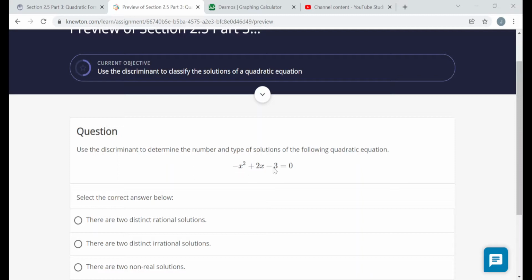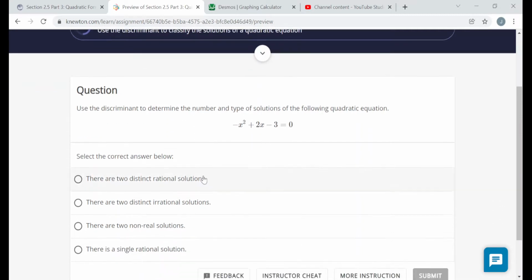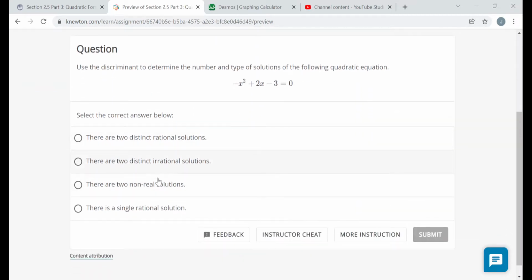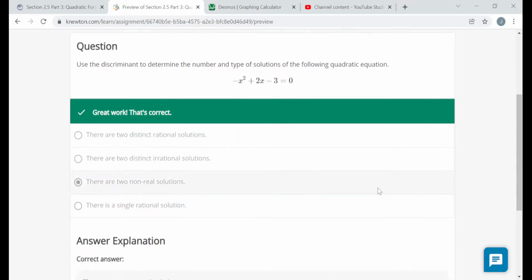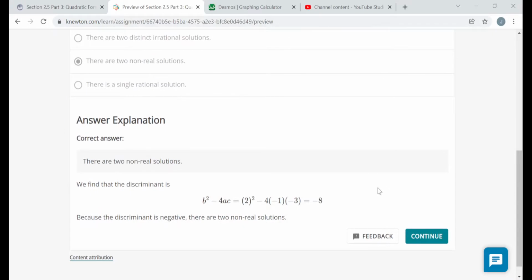Now ac would be positive 3, negative 1 times negative 3. 4 times 3 would be 12. 4 minus 12 would be negative 8. The discriminant is negative. Again, you're going to have imaginaries. 2 non-real solutions, complex numbers with an imaginary part, non-real. They're wording it as non-real this time. So again, you see the discriminant's negative 8.